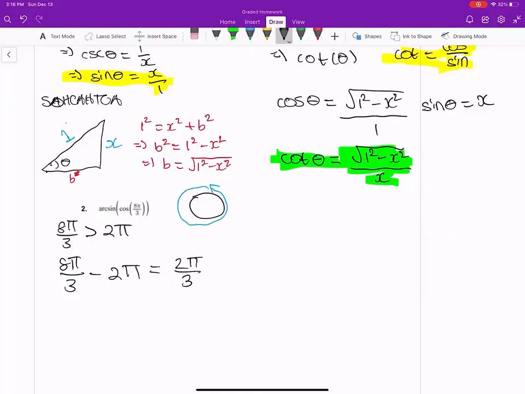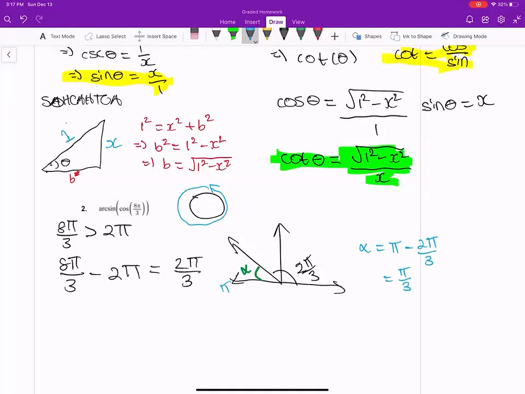This lies in the second quadrant. But we need our relative angle over here. Since this is pi, we can compute alpha equals pi minus 2 pi over 3 equals pi over 3.